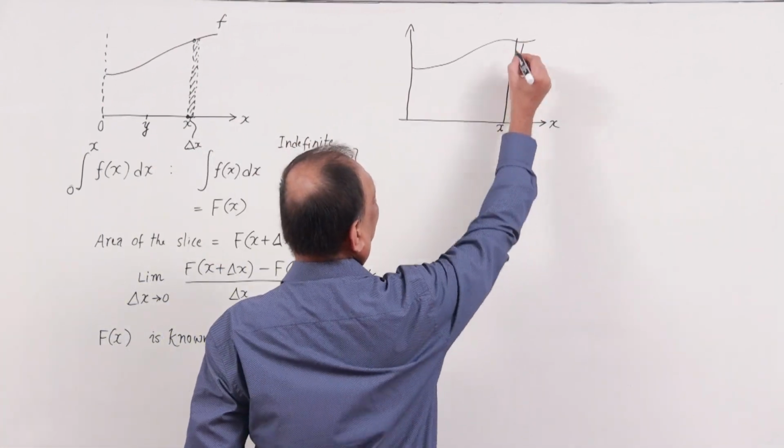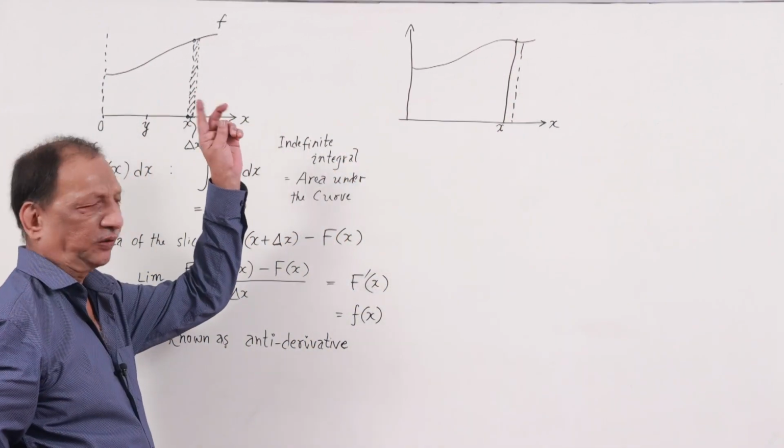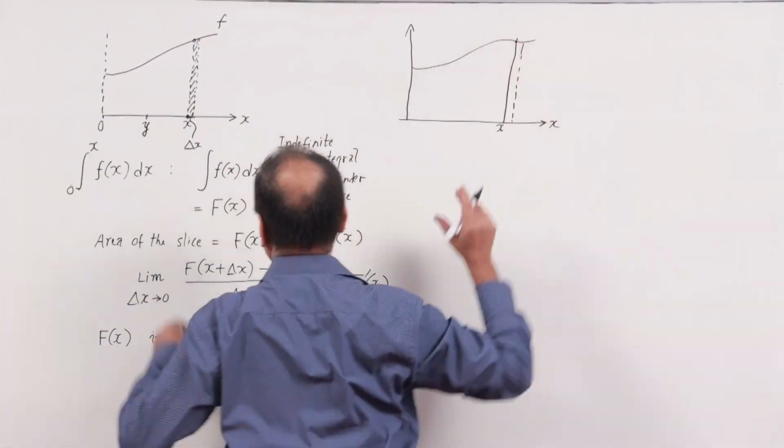So at x I got a value which is the area till x of this original curve. The height is actually this area.